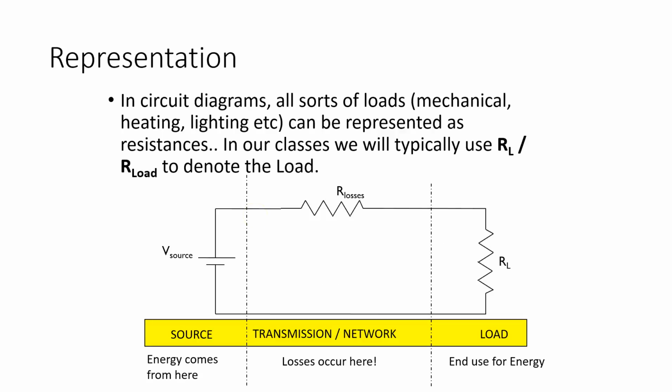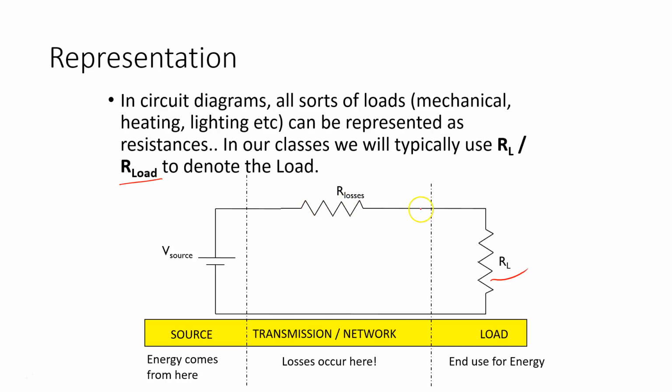So in a circuit diagram we could represent this as some source. This is a very simple representation, but it captures essentially what the problem is. We have some source here which is generating power, and at the end we have the load, which we represent by a resistor. And in this course we'll use either RL or R load to denote what the load is.